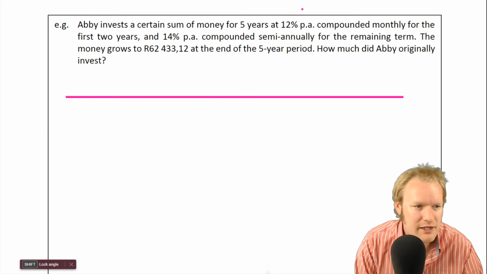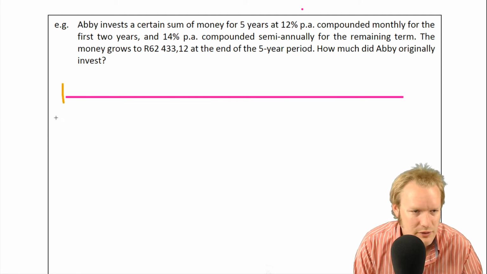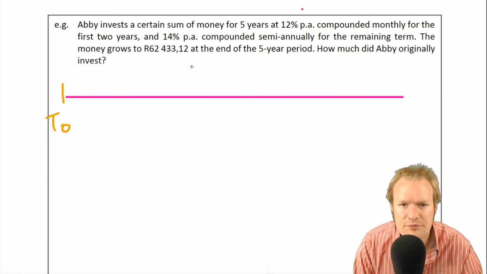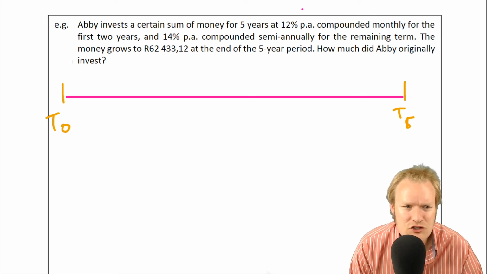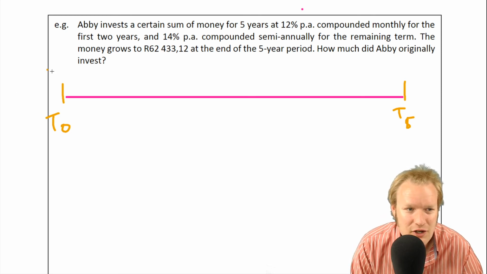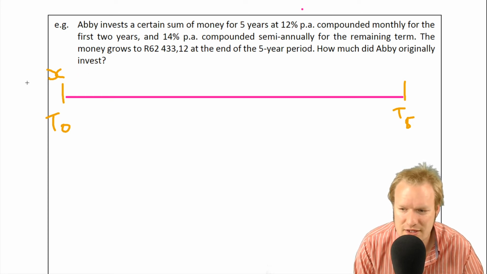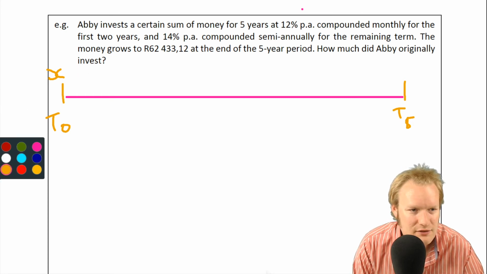There's our timeline. And always starts at T0. 5-year period. T5. Right, T5. She invests a certain amount of money, X. We don't know what it is. For 5 years. 12% per annum for the first 2 years. 14% per annum for the rest. So let's put that in.